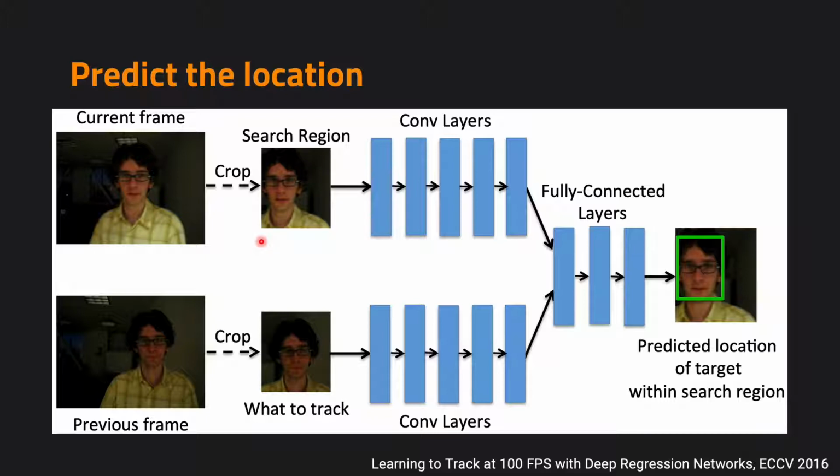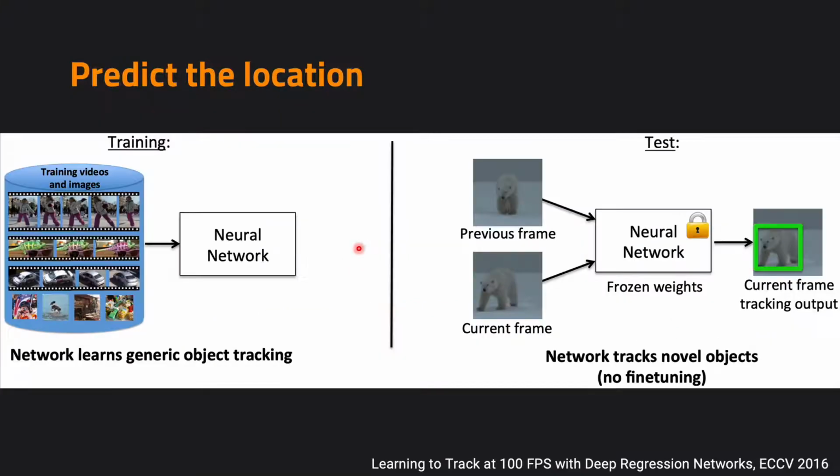Say we assume the object does not move beyond 100 pixels, and pass this search region into another convolutional network to build representations for both the search region and the target region. Then we can merge these two together to regress the location of the target within the search region. And we can even pre-train this network on a large video dataset.